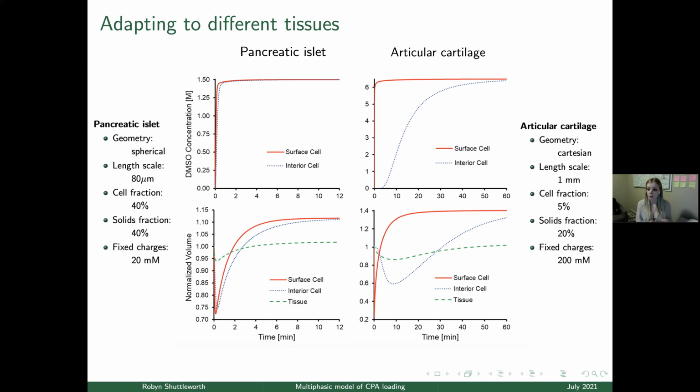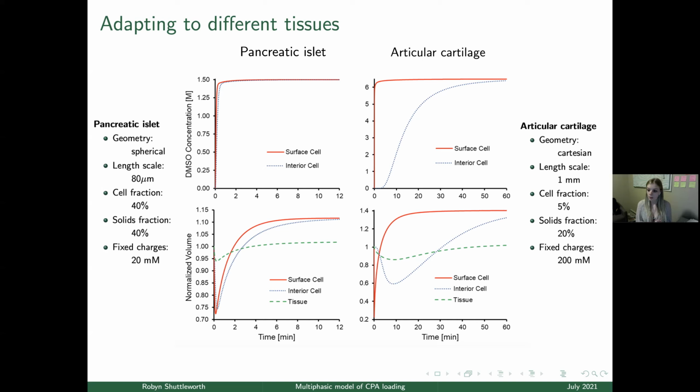We can look at both the surface cell, which would be the cell that's in contact with the bath, so closest to the bath, and also the interior cell. And this interior cell is the cell that's closest to the insulated boundary. So we can predict the CPA concentration in both of these throughout the entire tissue, and this means that we can then also predict CPA toxicity as well.